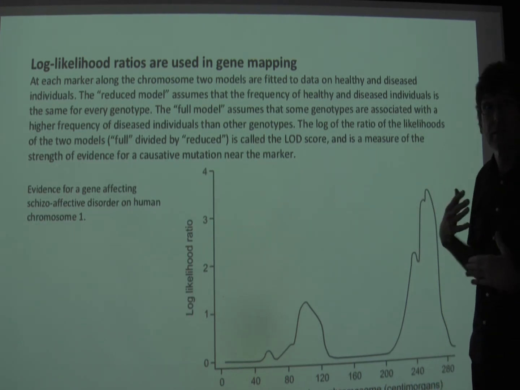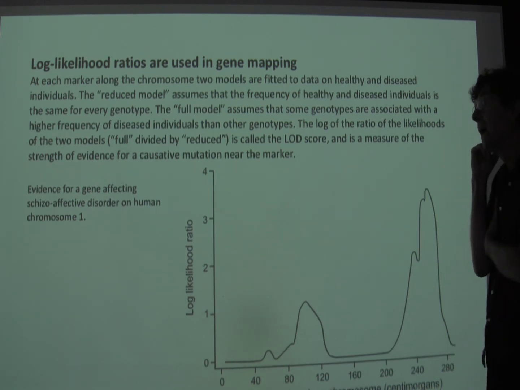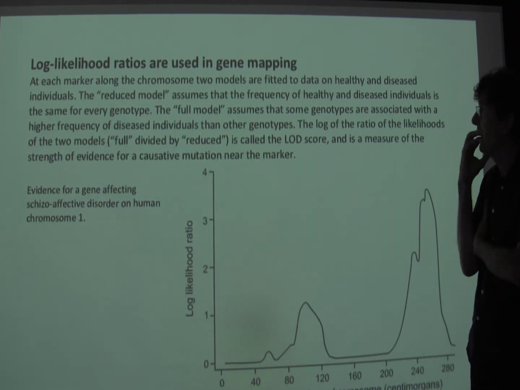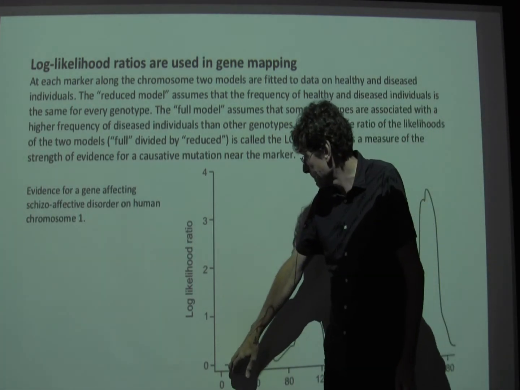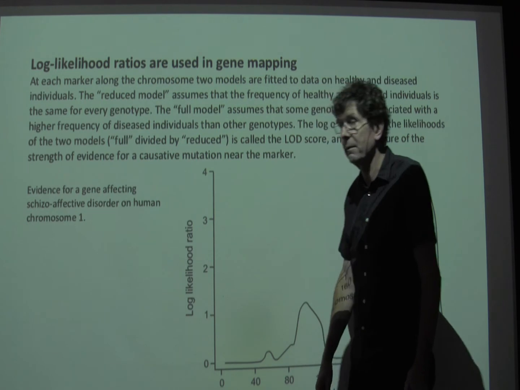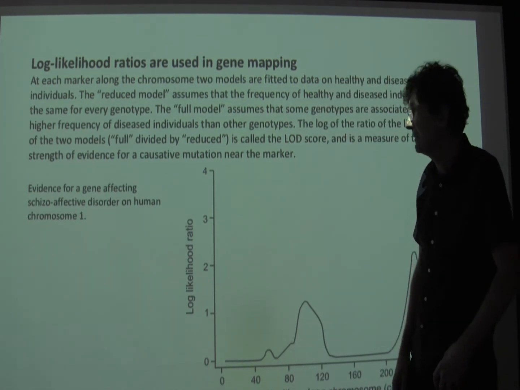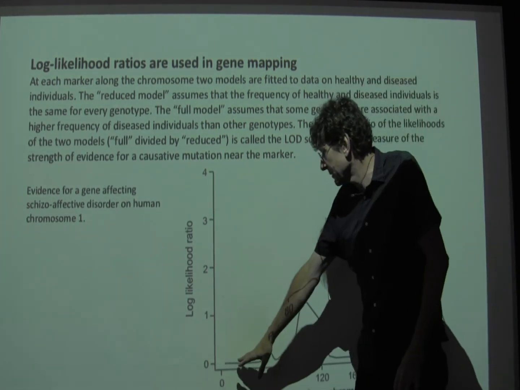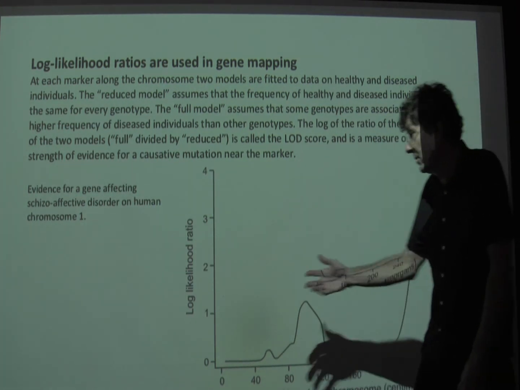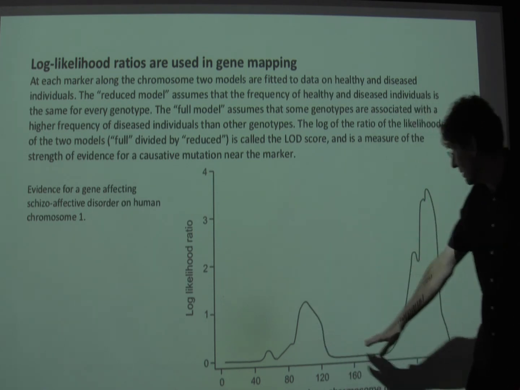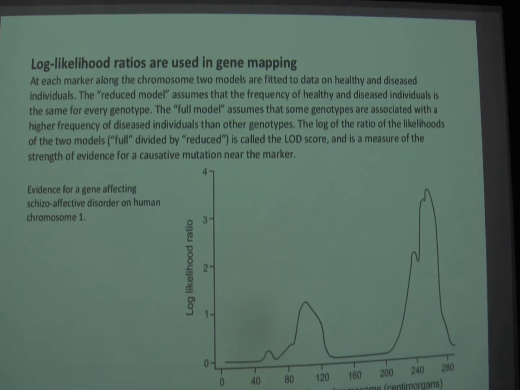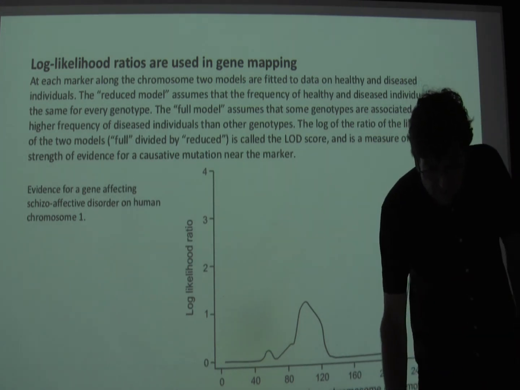Then a log likelihood ratio is calculated to ask, how much more evidence is there for the presence of a gene near that marker that influences the disease state. So you calculate this degree of support for the full model across the genome. That was maybe one of the first analyses that discovered a major effect locus for schizoaffective disorder on human chromosome 1.